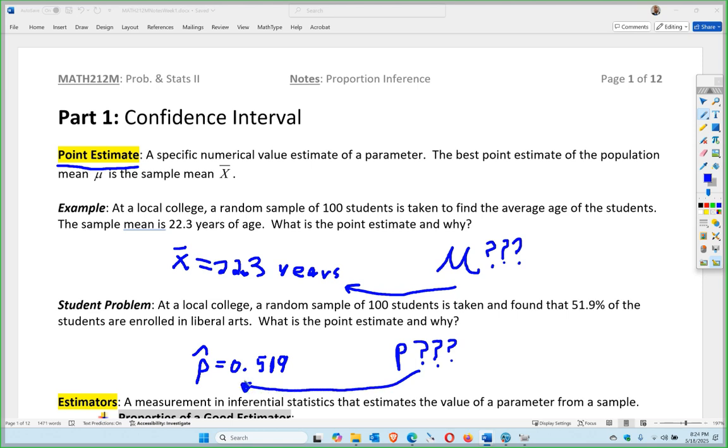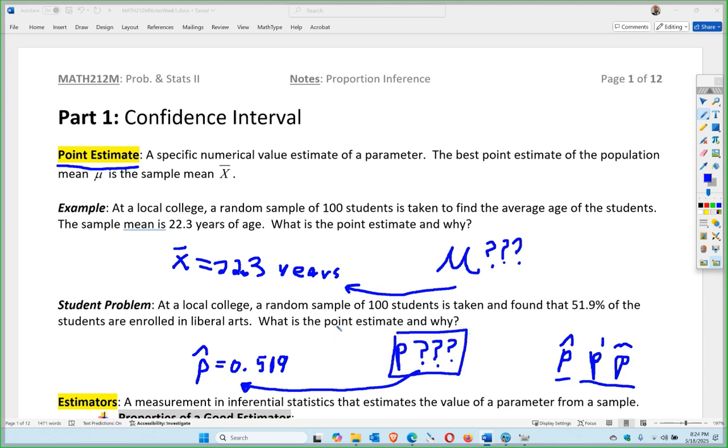So we're using it as a point of reference basically. When they do samples of proportions in this book or many books, they either put a little hat on it, or a little quote, or something above it, to indicate that this is a sample and not the actual population.